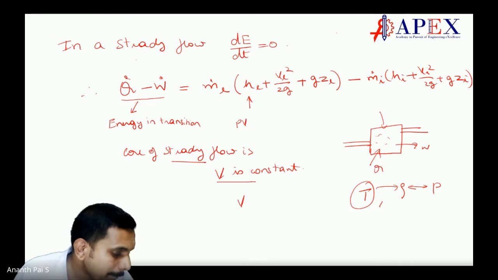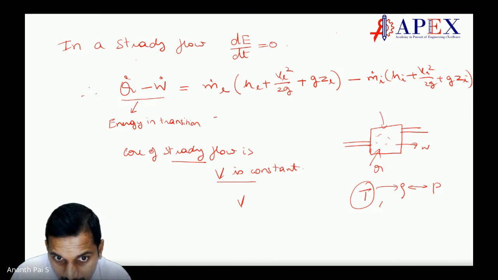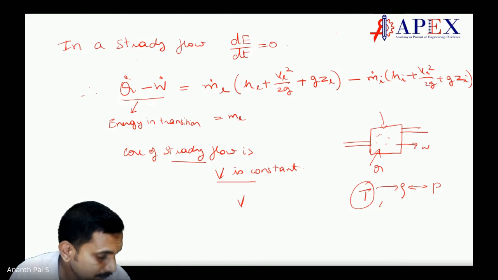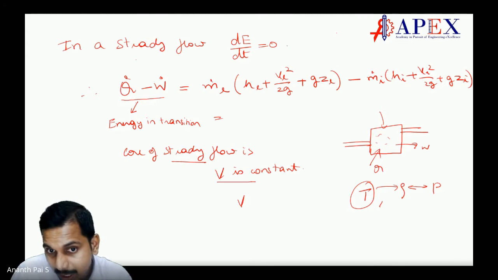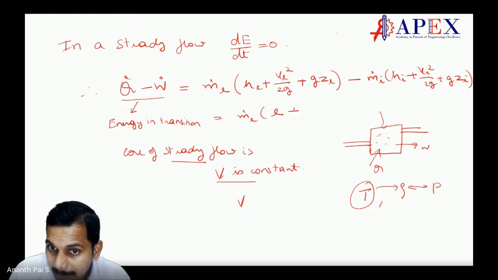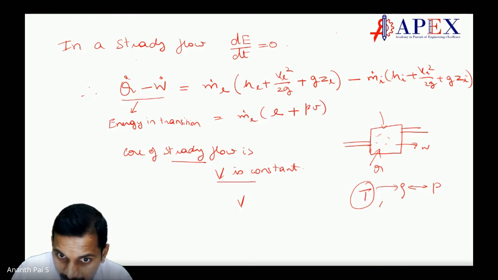Although it has the energy in transition, PV is also involved in it. If I put it in another way, this can also be written as equal to sigma of m dot E exit into stored energy E, plus I can write P into V, correct?